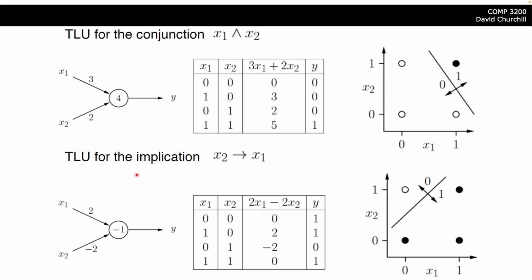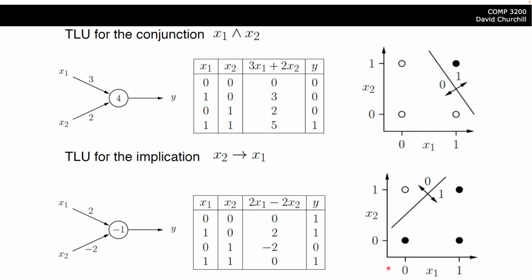So here we have a TLU for implication. So implication is another logical operator. X2 implies X1. I won't go through all the calculations again because I'd just be repeating basically what I just said. But if we take the weight 2 for X1 and negative 2 for X2, and then we calculate that, if that is greater than negative 1, the output is 1. If it's not, then the output is 0.